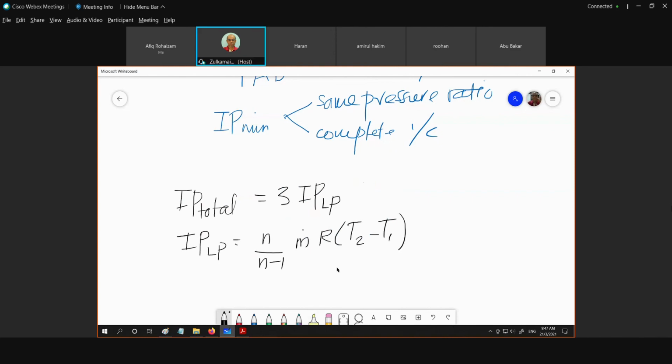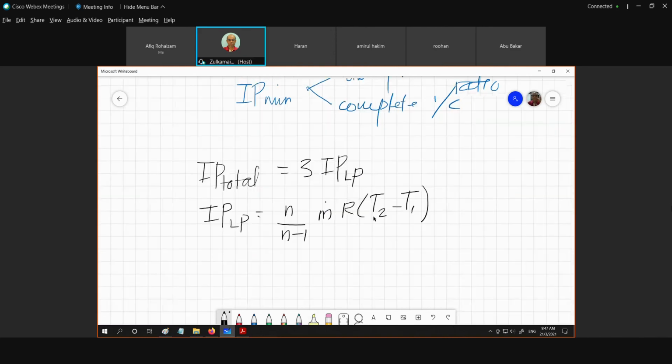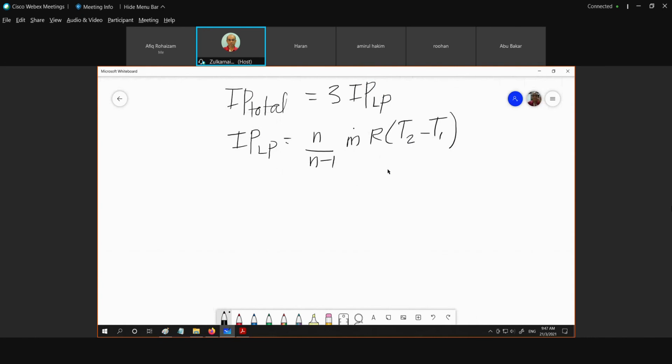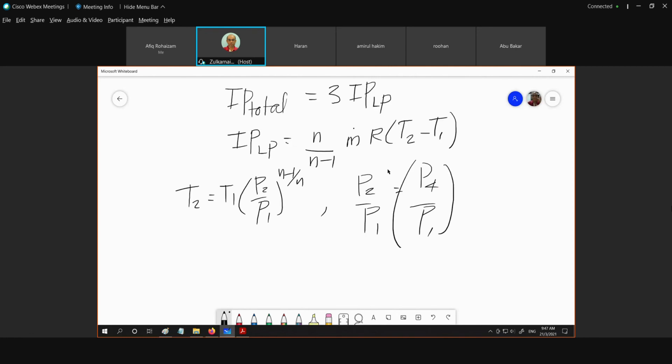Okay. And then what is T2? T2 equal to T1 (P2 over P1)^((n minus 1) over n). Apakah P2 over P1? This is overall pressure ratio 1 over 3. Saya suka guna macam ni.